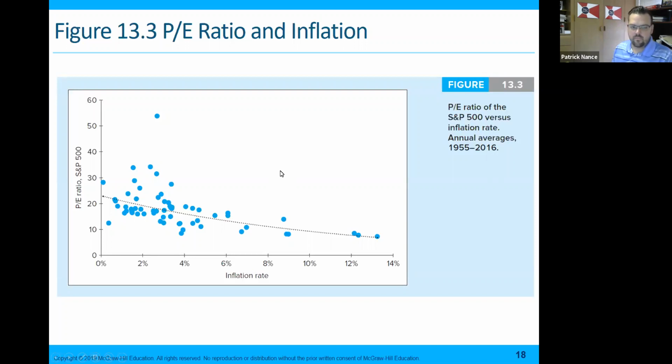Okay, so this is the PE ratio versus the S&P 500 versus inflation rate. We get the annual averages here from 1955 through 2016.